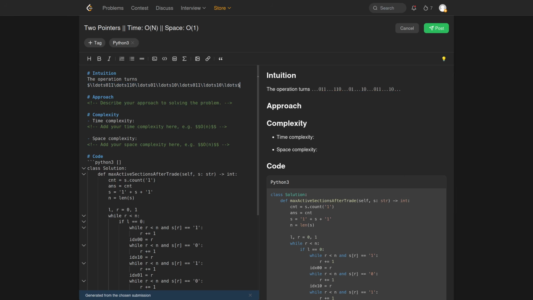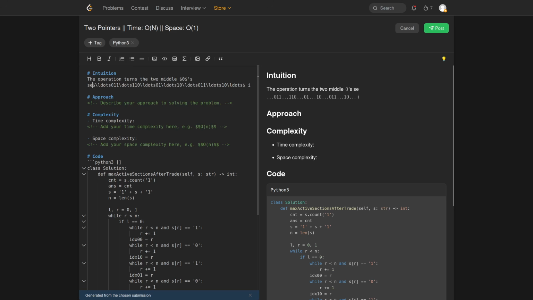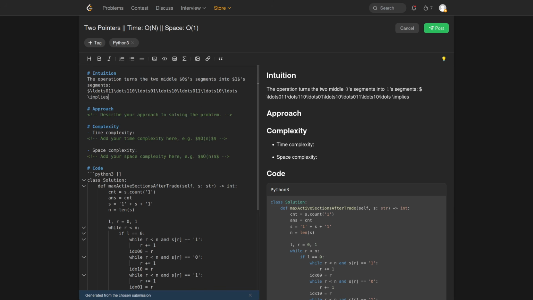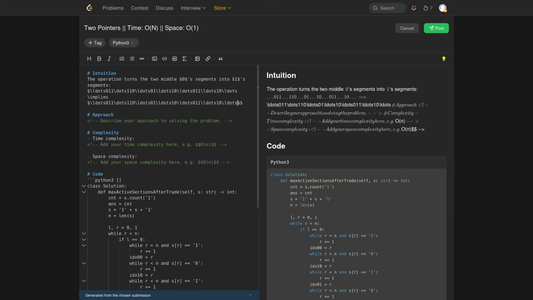Okay. Two middle zeros segments into ones segments implies boom. So this will be like 1, 1, 1, 1.